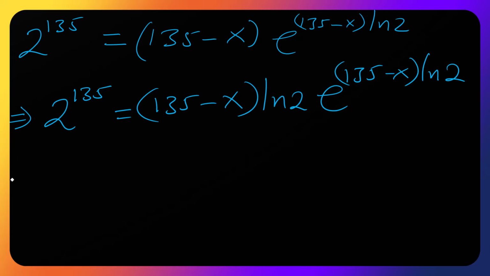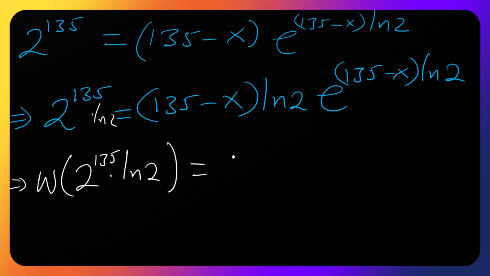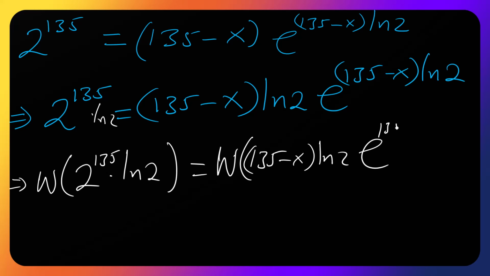Since this one is the same as that, let's take the W function on both sides. Oh, sorry, I forgot to multiply this side by ln of 2. So ln of 2 is here. Let me repeat this one. The W function of 2 raised to 135 times ln of 2 equals the W function of 135 minus x ln of 2 times e raised to 135 minus x ln of 2.